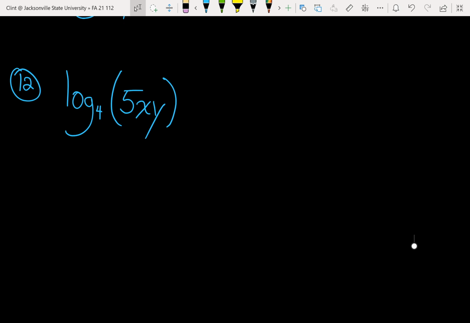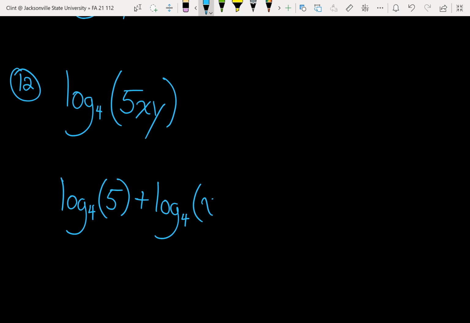So, log base 4 of 5. Yep, that's it. It works.